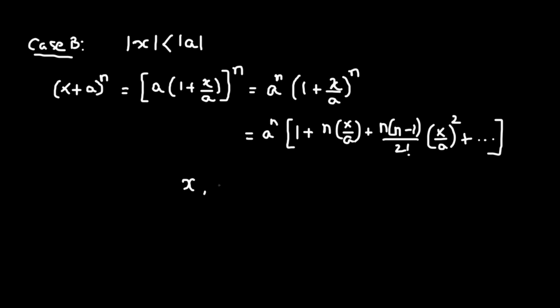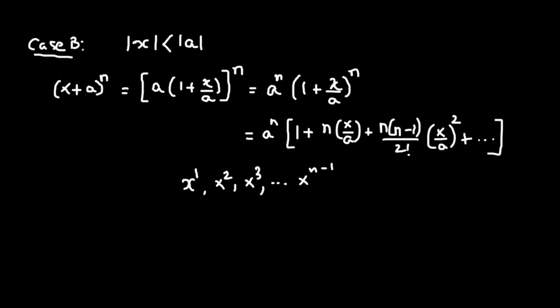Then we look at the third term, we have x squared. So the fourth term will be x cubed, and the nth term will be x to the power of n. So this would mean that the nth term will have the index n minus 1, using the same logic that we used previously.